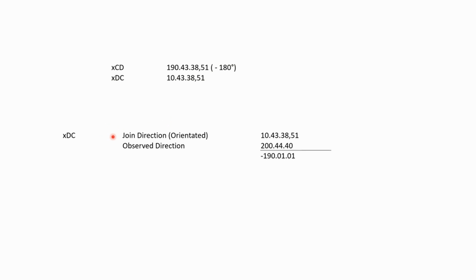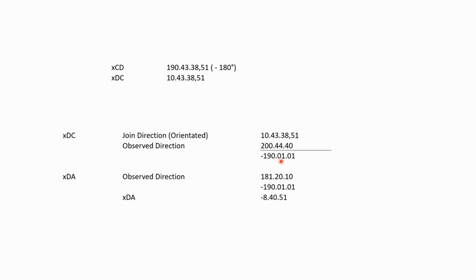From there, we calculate our correction. We take XDC, our join direction, which is orientated, and we use the opposite of it here. We take our observed direction, which was given to us at the setup, and we calculate our correction. This is quite a massive correction, which means the surveyor or someone on site made a massive error. However, we still need to use this correction. So to calculate dA, we take our observed direction, the set reading at D to A, and apply our correction.